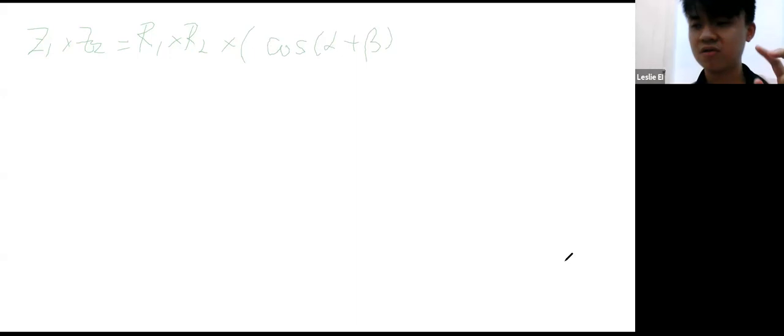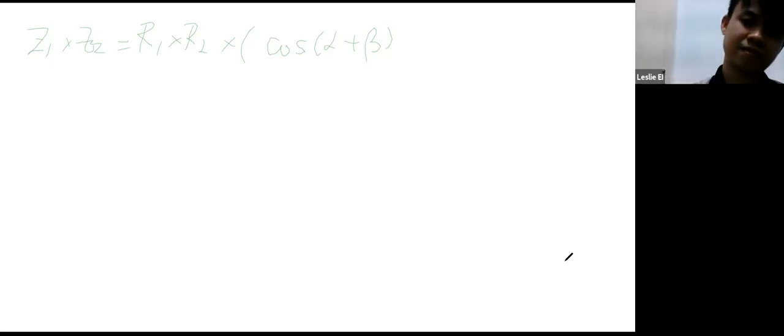Then you can find two terms which have I. What are the two terms that have I? I sin alpha cos beta plus I sin beta cos alpha. Take out the I. So what's left? You have sin times cos plus cos times sin.